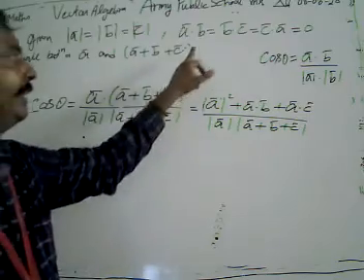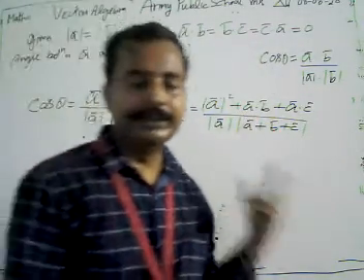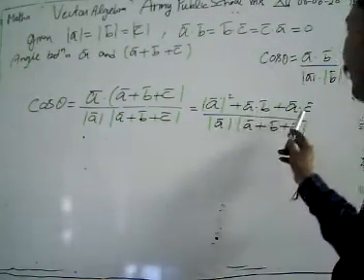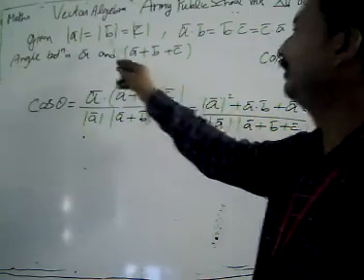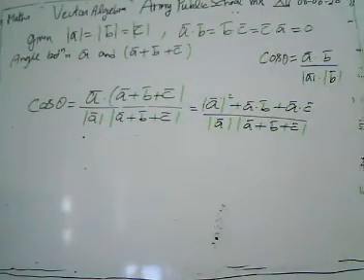Now it's given that A dot B, B dot C, C dot A are mutually perpendicular vectors, so here we have 0, and here we have 0. Also given that these vectors are of equal magnitude.